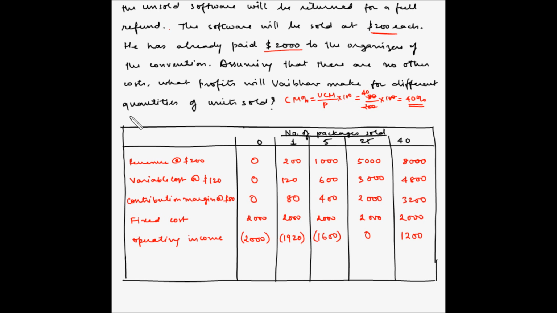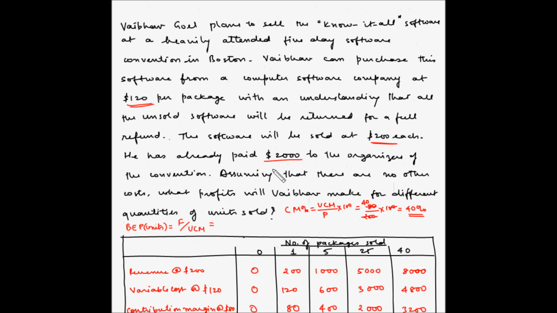Now let's also calculate the break-even point in terms of units. So this is fixed cost divided by the unit contribution margin. So this is equal to, now fixed cost has been given as $2,000.